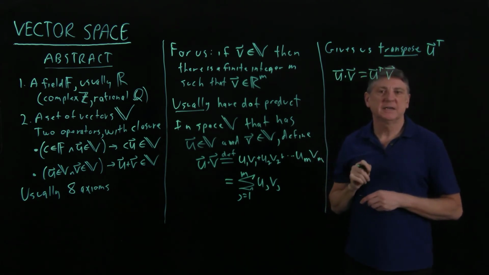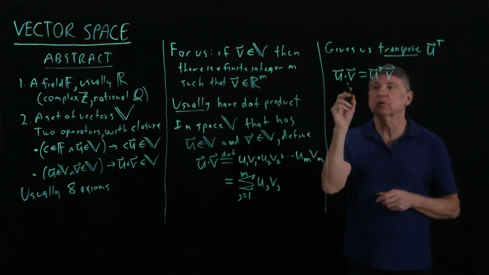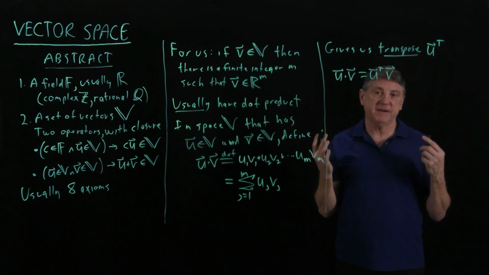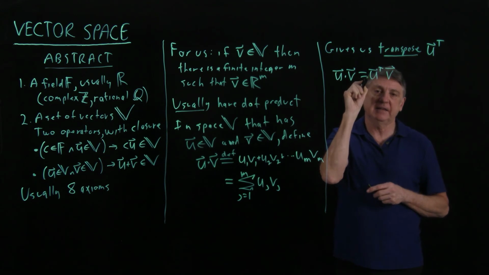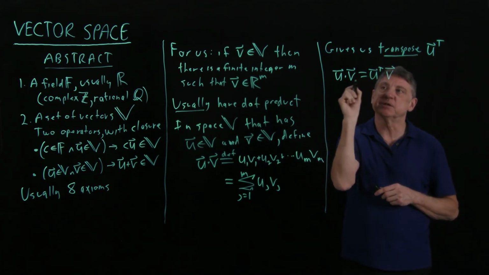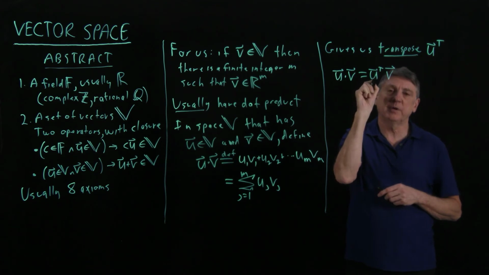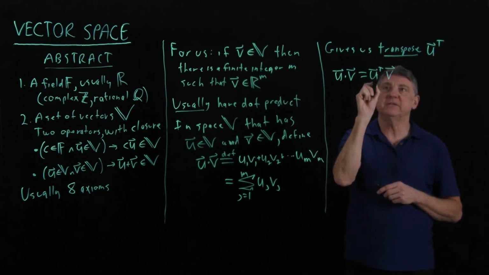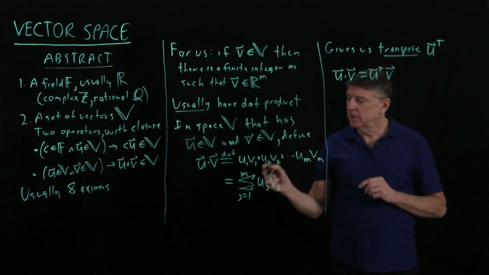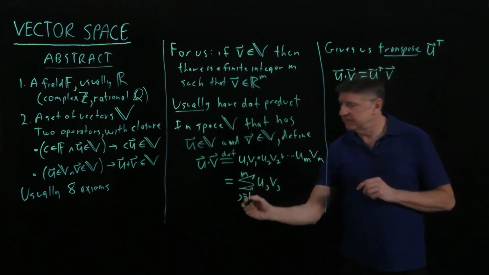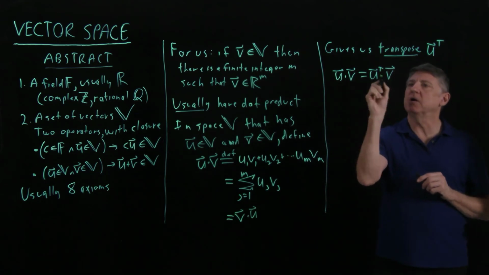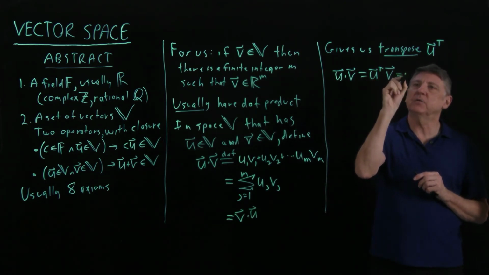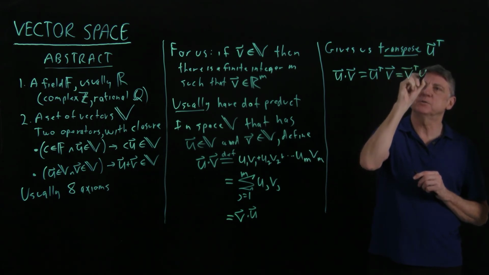And this formula can get us out of some sticky situations where we're trying to figure out what happens when we add vectors and then take a dot product with something else. When we get into slightly confusing situations that involve the dot product, we can always revert to saying that it's one of these vectors transposed with another. Now, if you look at this, that means that also equals v dot u, and that means that I could write u dot v is u transpose v, and I can also write that as v transpose u.